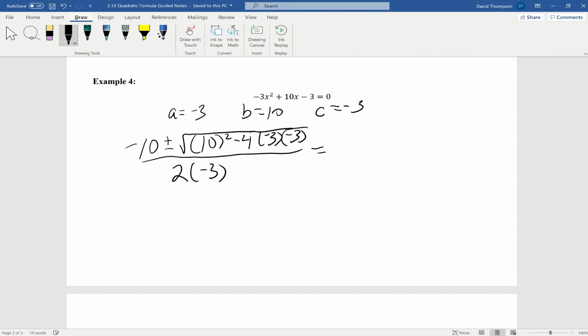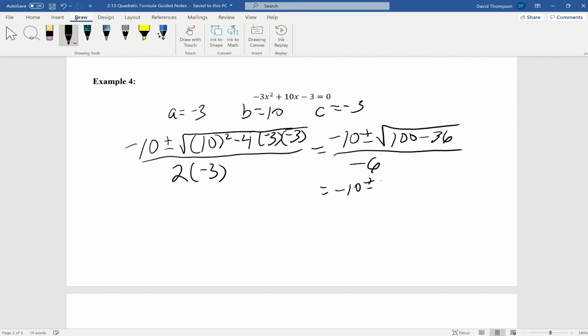Simplify the radical. We have negative 10 plus or minus the square root of 100. Negative 4 times negative 3 is negative 12, times negative 3 is negative 36. All this over negative 6. Keep simplifying.